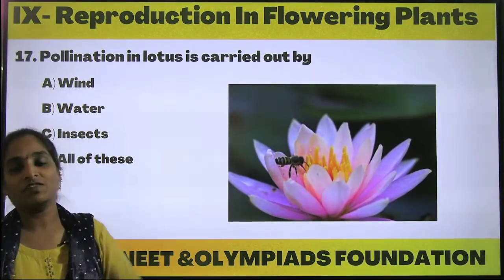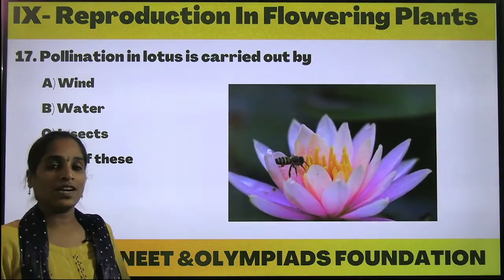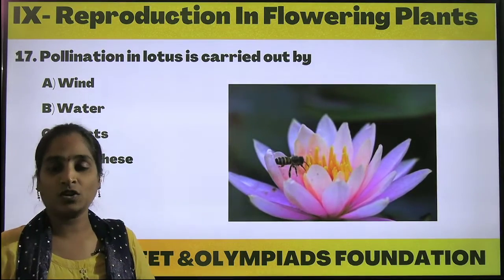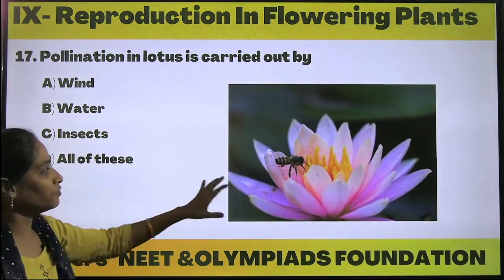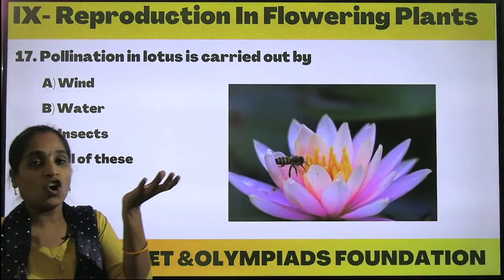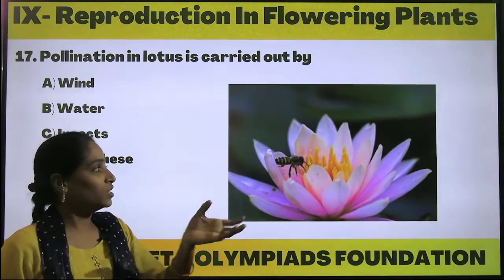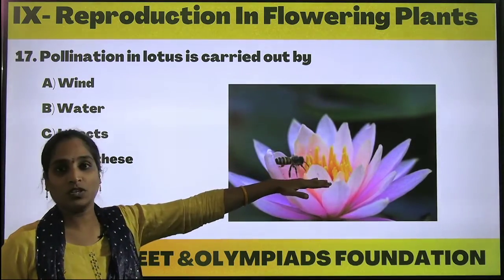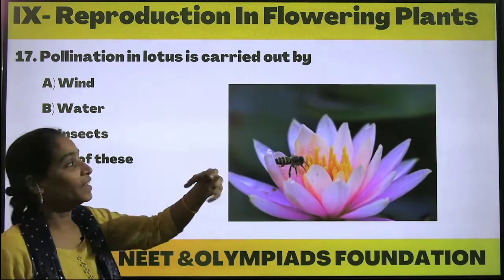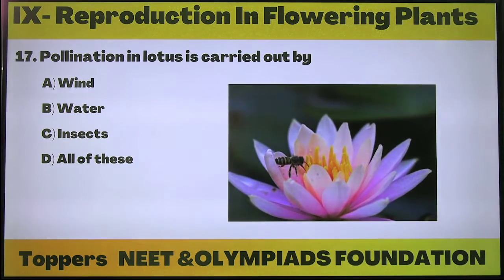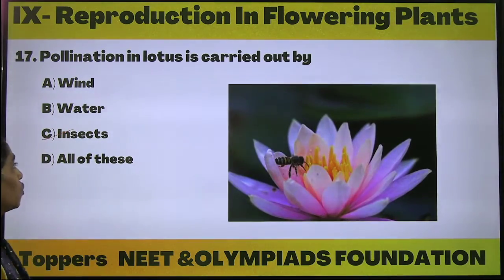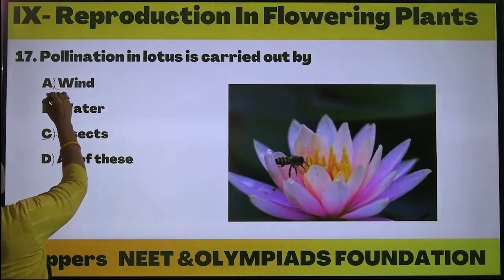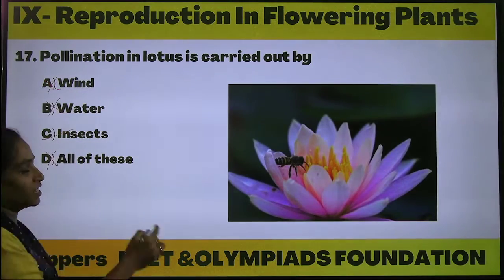In a previous class we discussed that in lotus the flower sits on the surface of the water body, so insects come to the flower to suck the nectar, and here the insects help with the pollination process of the lotus plant. So the option is insects, not wind, not water, and option D is anyway a wrong option.